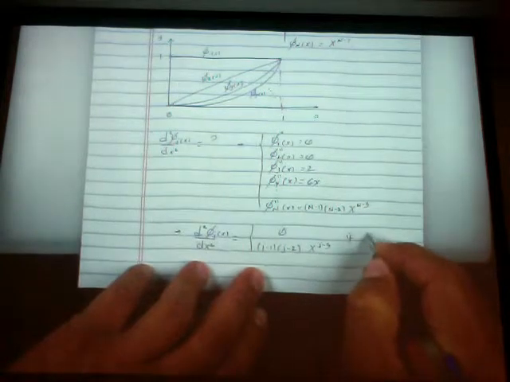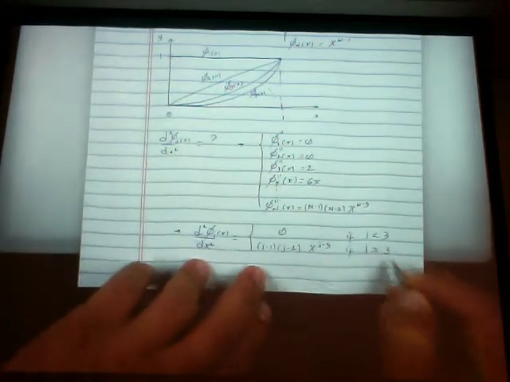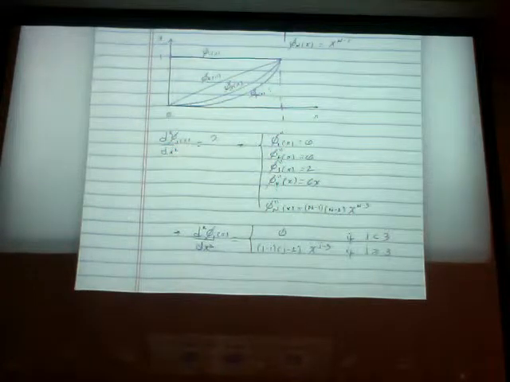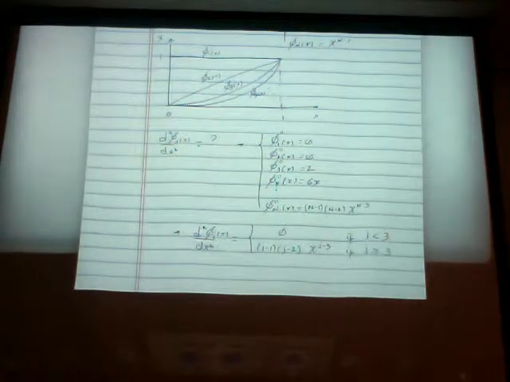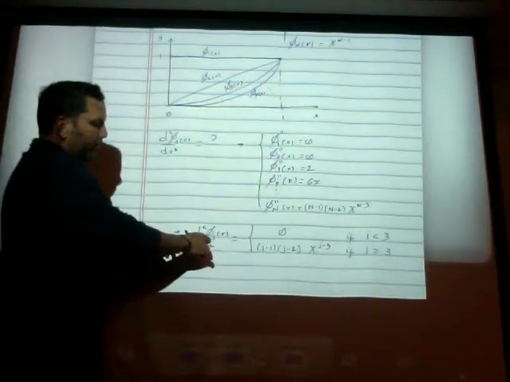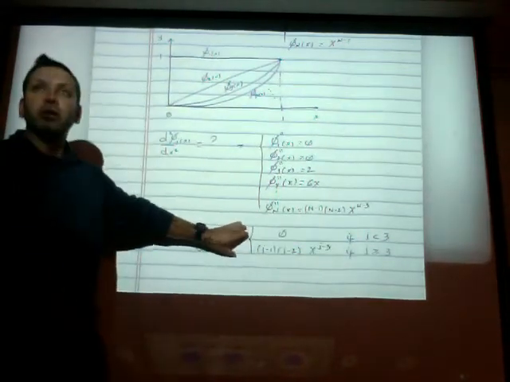If j is less than 3, it's 0; if j is greater or equal than 3, the second derivative of phi j with respect to x is just this form right here.